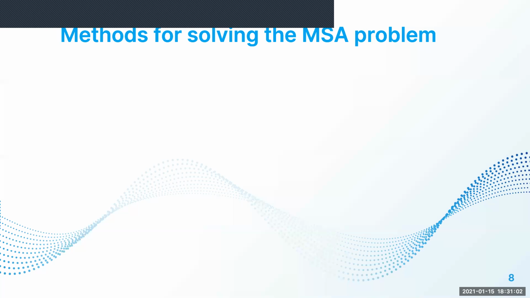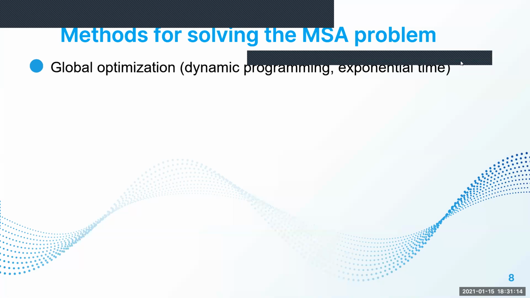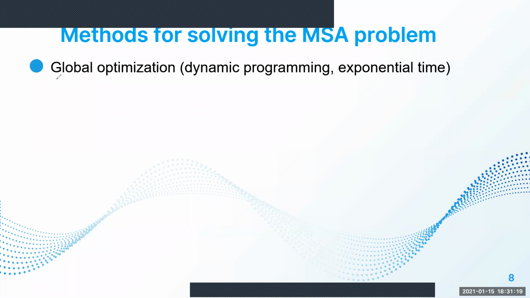So if we consider this multiple sequence alignment problem, there are several solving methods. We can do global optimization, which means dynamic programming, but we have to spend exponential time.